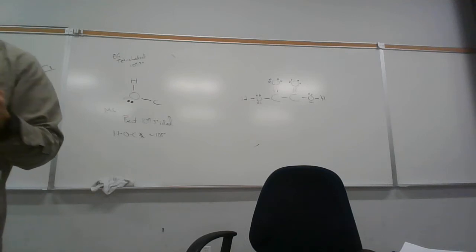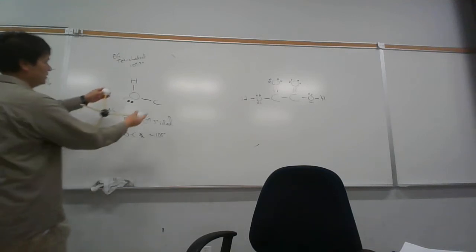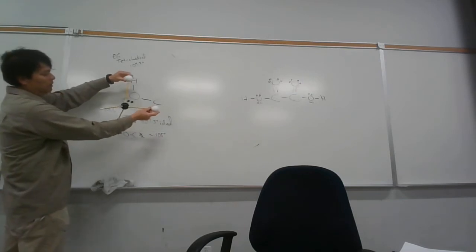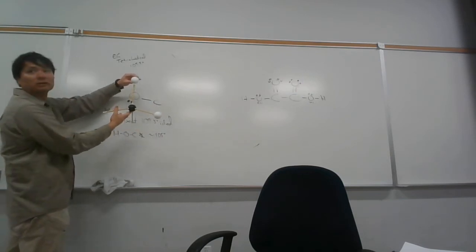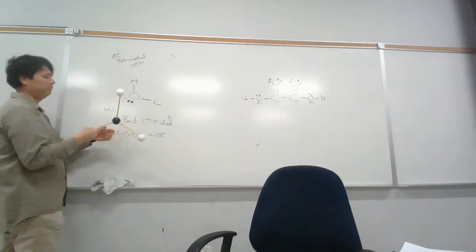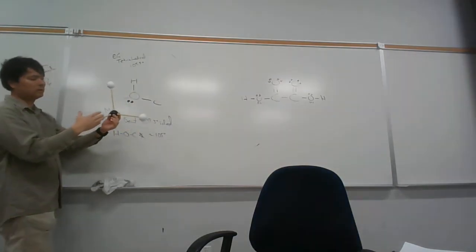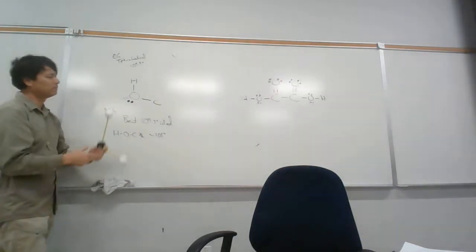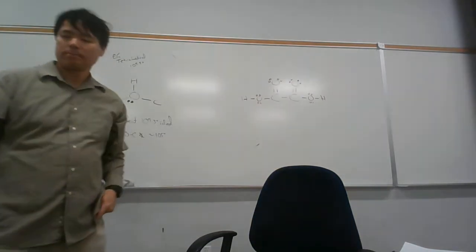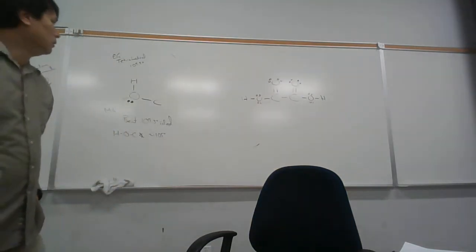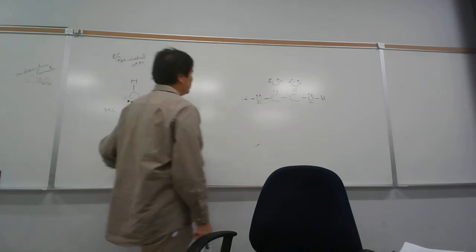Does that make sense? And so this is going to be distorted because of the 2 lone pairs here. Now, 1 lone pair is sticking out here, the other is going in. All right, now there are different ways of drawing tetrahedral.